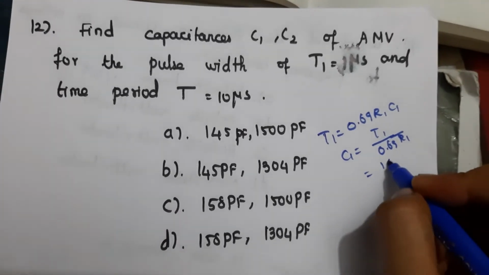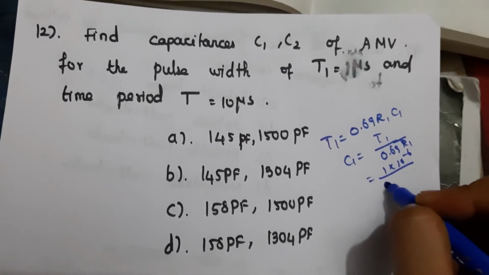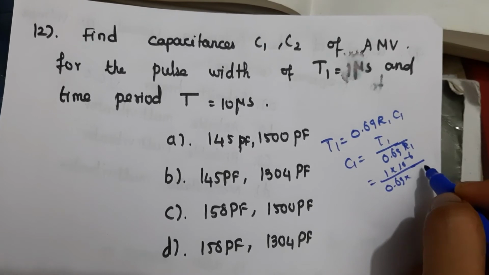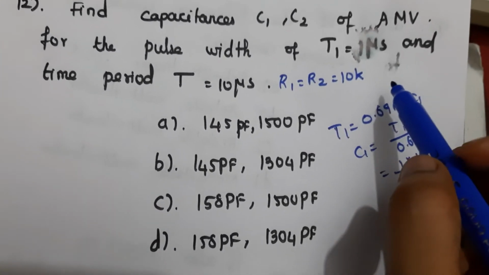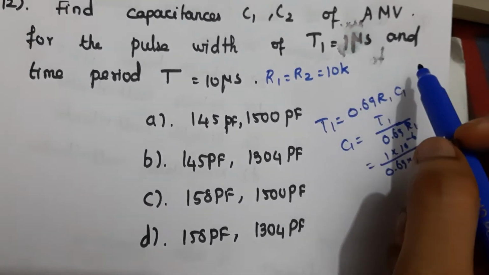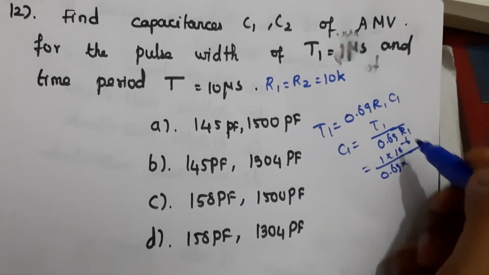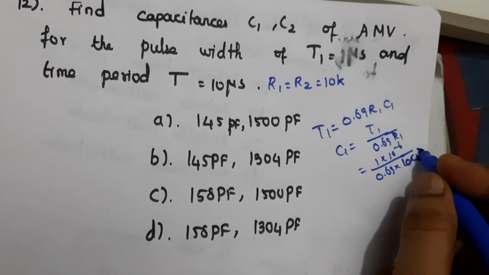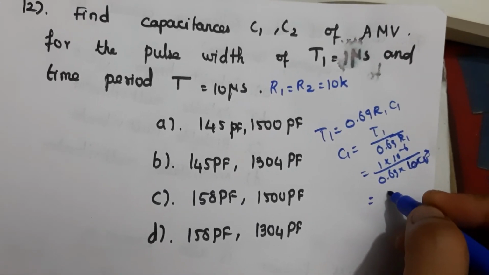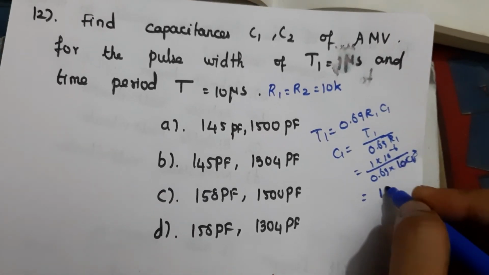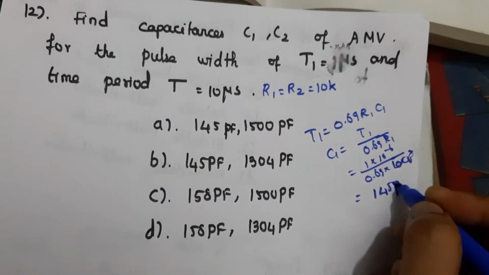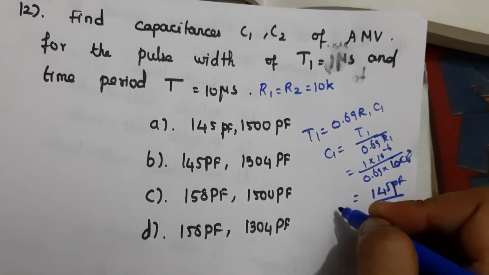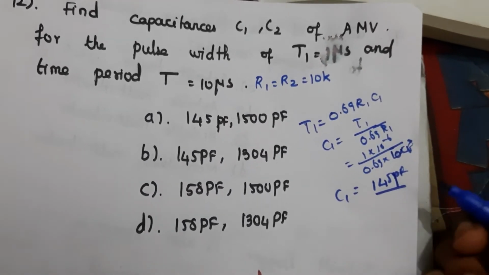T1 is 1 microsecond, and I forgot to mention that the R1 and R2 value is 10K, so 10 into 10 to the power 3. Solving this, we will get 145 picofarad. So C1 value is 145 picofarad.